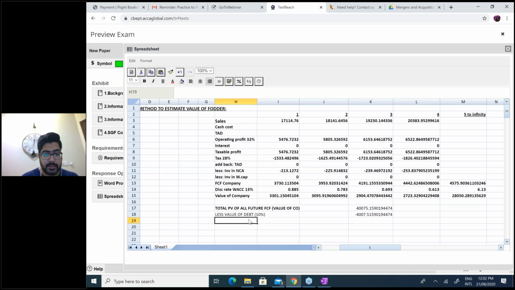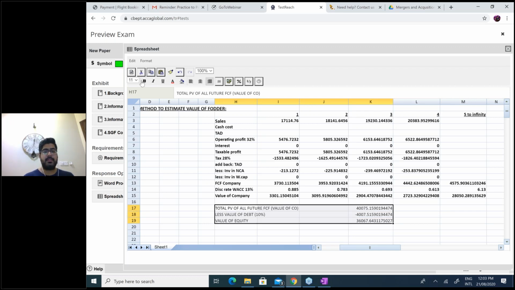You will get the value of equity. Deduct it.